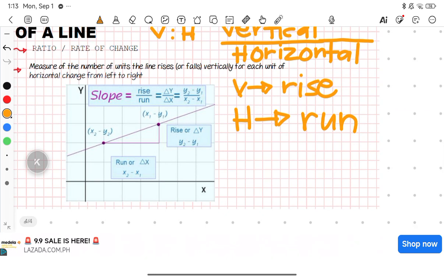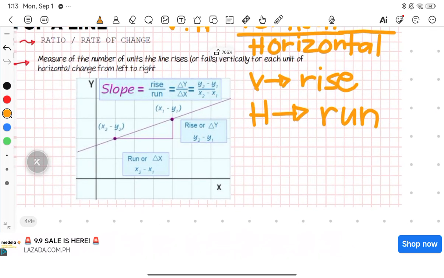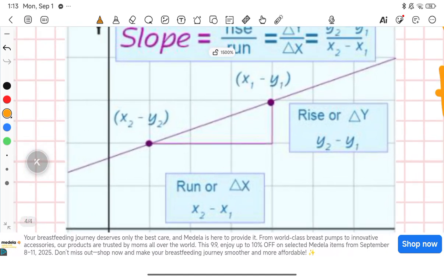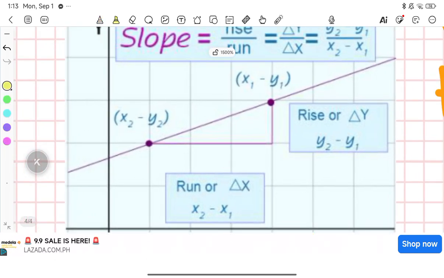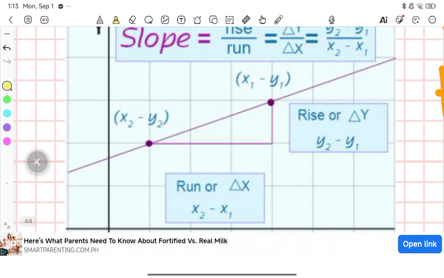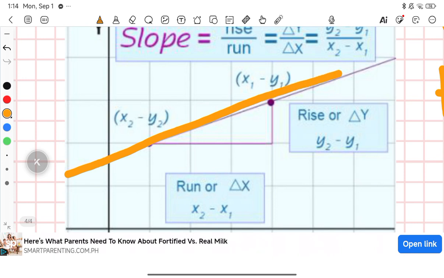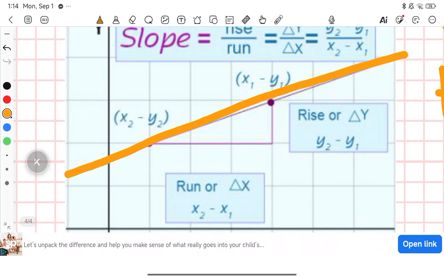And then, focus on the graph. Okay? So, zoom ko lang konti. Ayan. So, si graph ay merong 2 points. By the way, si graph ay merong line. Ito siya. Ito yung line. Assuming that is a perfect straight line.